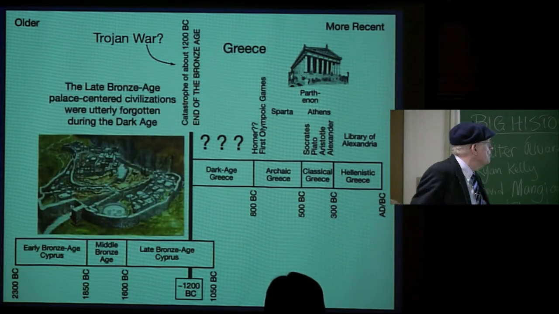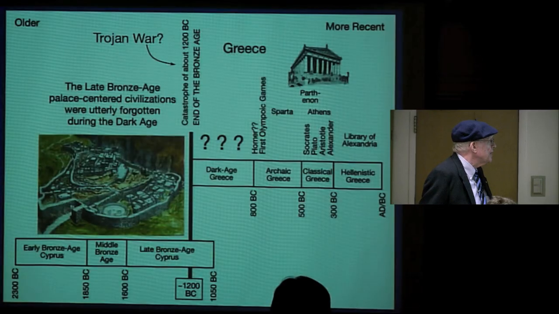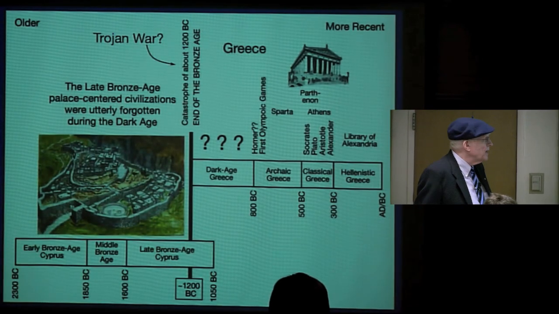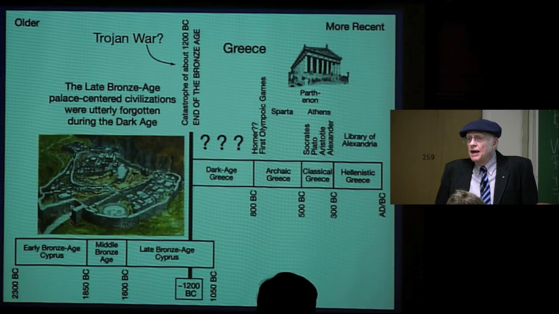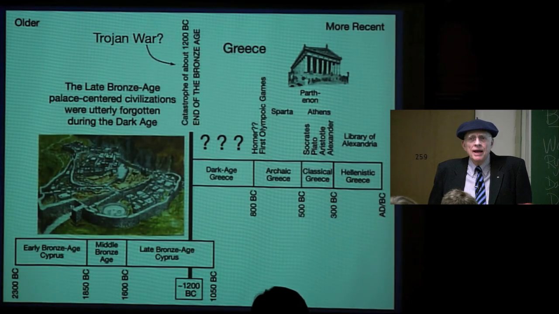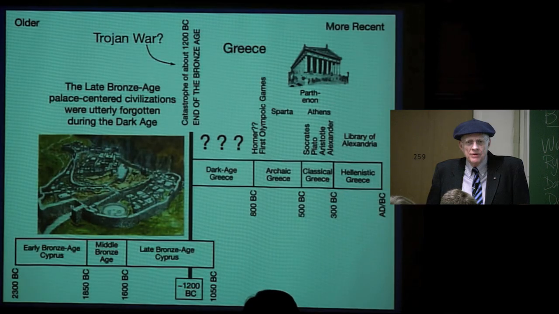So, in the late Bronze Age, there were civilizations centered on palaces, great palaces at places like Mycenae in Greece. And they disappeared, and they were just so completely forgotten that in 1800, let's say, nobody had any idea that they were there. 200 years ago, nobody had any idea they were there.